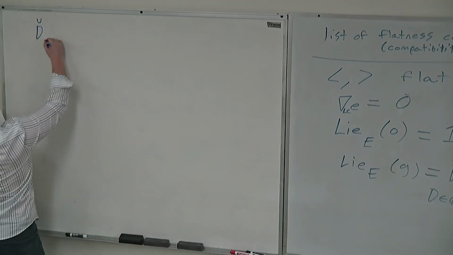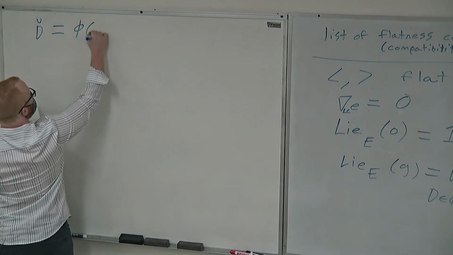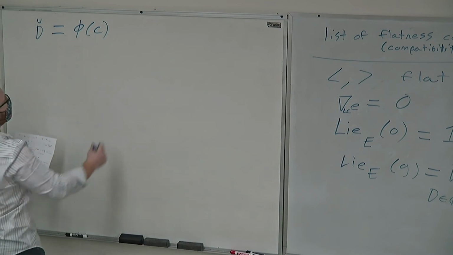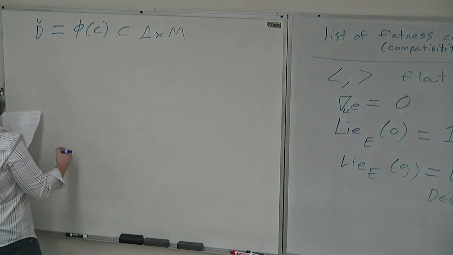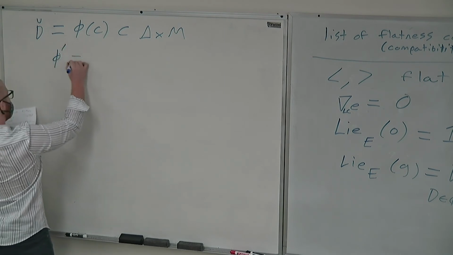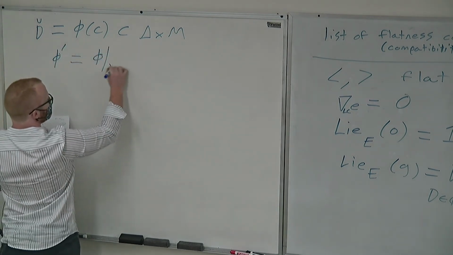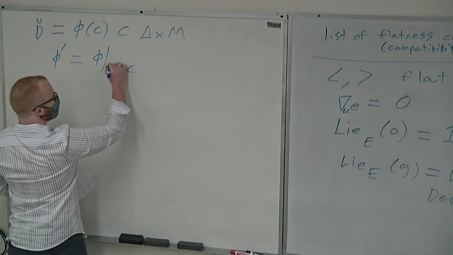So for this D, this is going to be phi of C, the critical locus inside of delta cross M. I'm going to write phi prime as phi restricted to x, cut out the critical locus. I suppose this should be curly x.